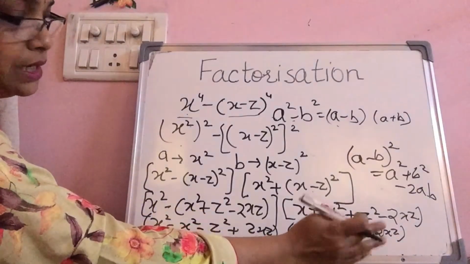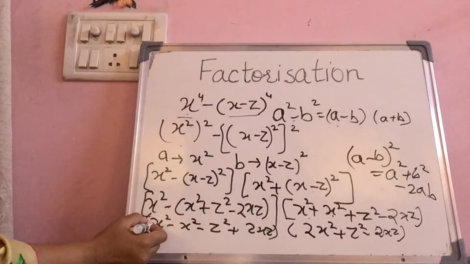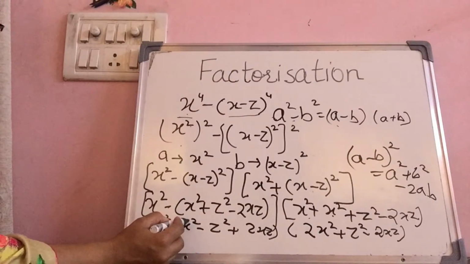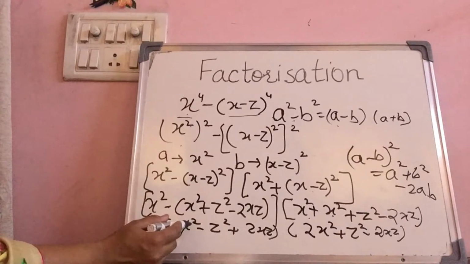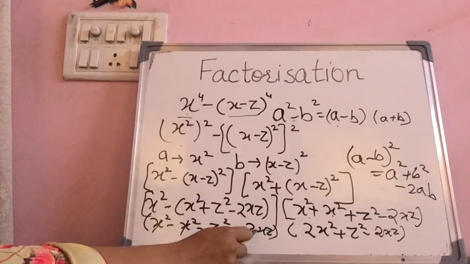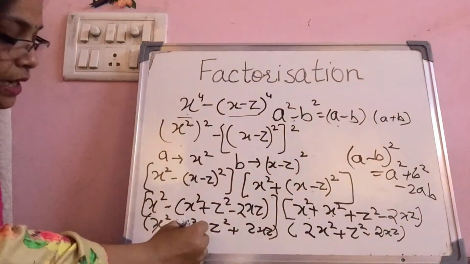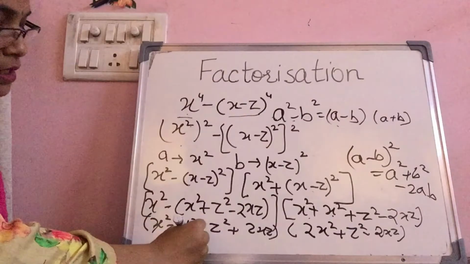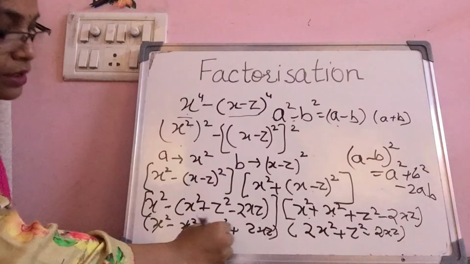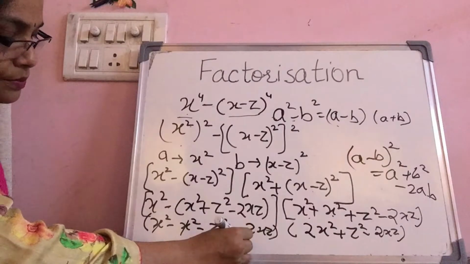This bracket is complete. We cannot further factorize this, and for this x square and x square we can cancel them out because one is positive and one is negative. And in these two terms we see we have z in common. We can take z outside the bracket. This is regrouping method. Z outside the bracket, and remaining are 2x minus z.